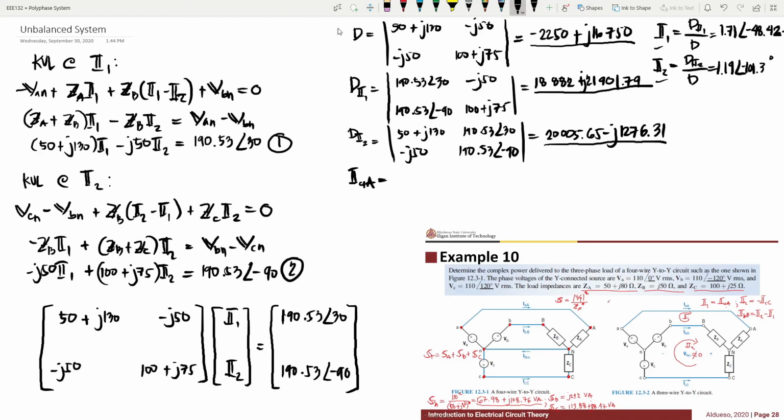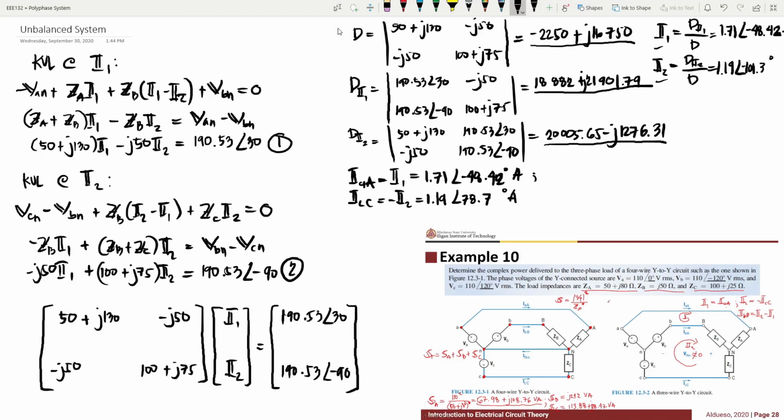IAA is just equivalent to I1, which is 1.71 angle negative 48.42 degrees, and ICC is just equivalent to negative I2, 1.19 angle of 78.7 degrees.